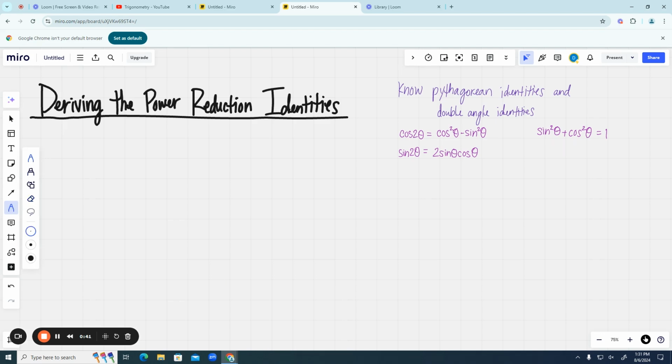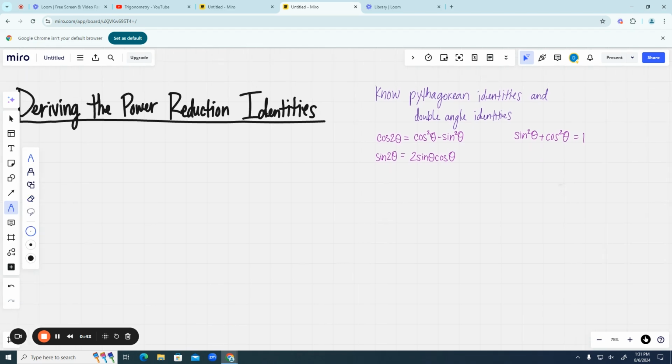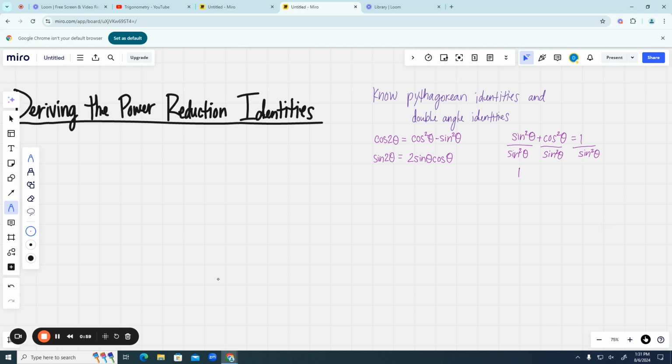If I took this and divided everything by sine squared theta, that would give me 1 right here. Cosine squared over sine squared is going to be cotangent squared.